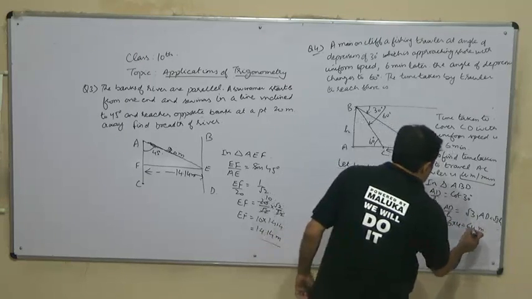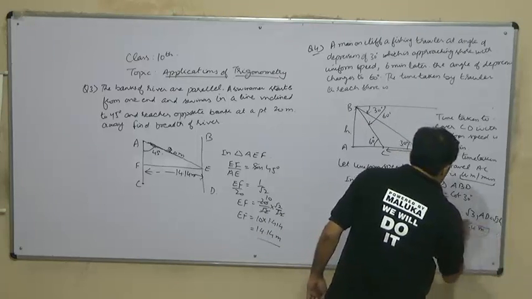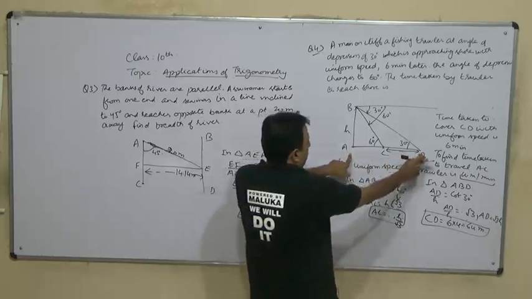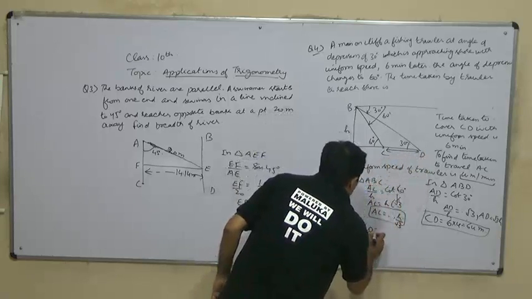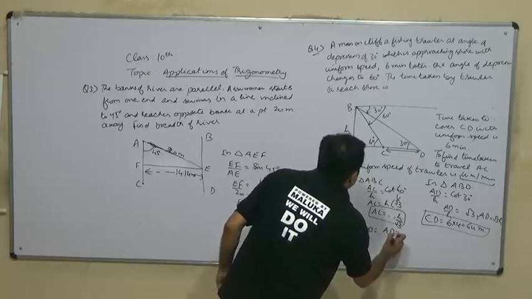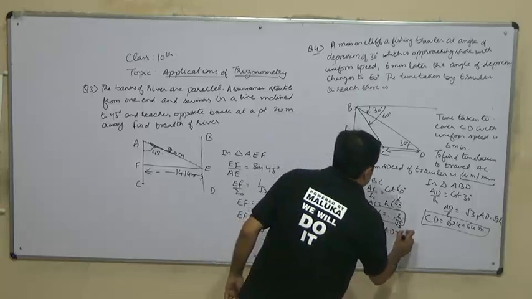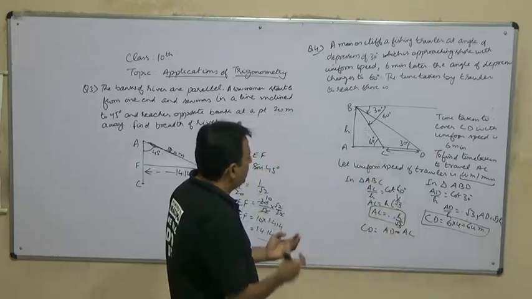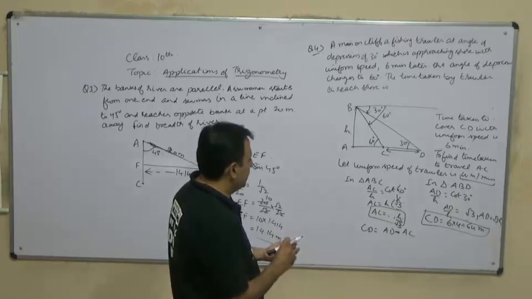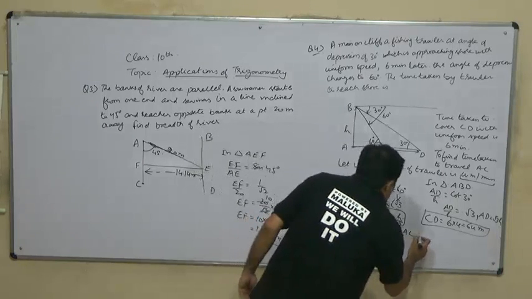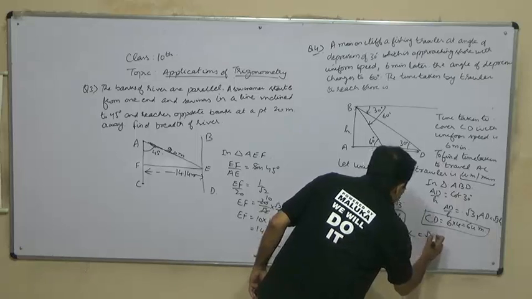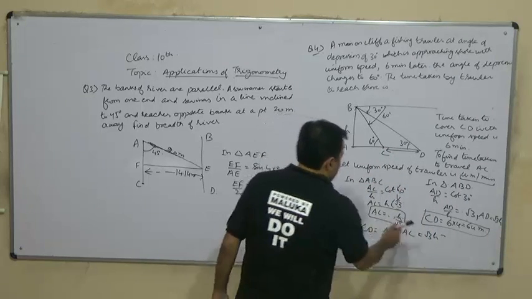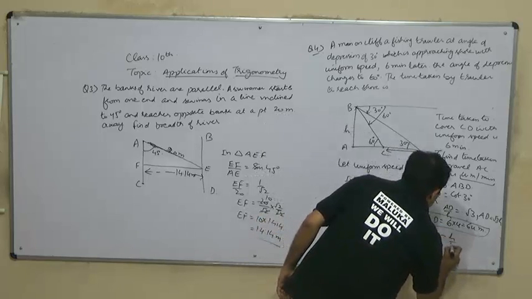We can also find CD by subtracting, CD is equal to AC minus AD, which is under root 3 h minus h upon under root 3.